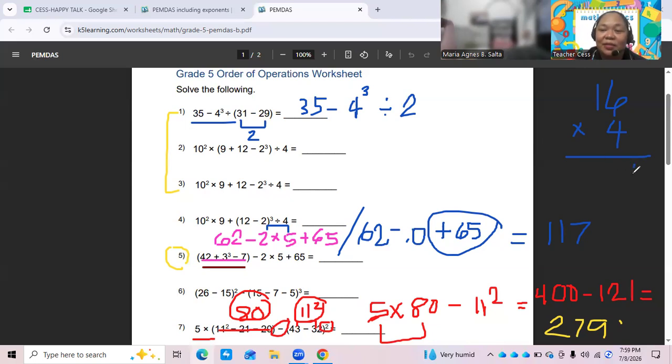What is your answer? 64. All right, this one is 64.